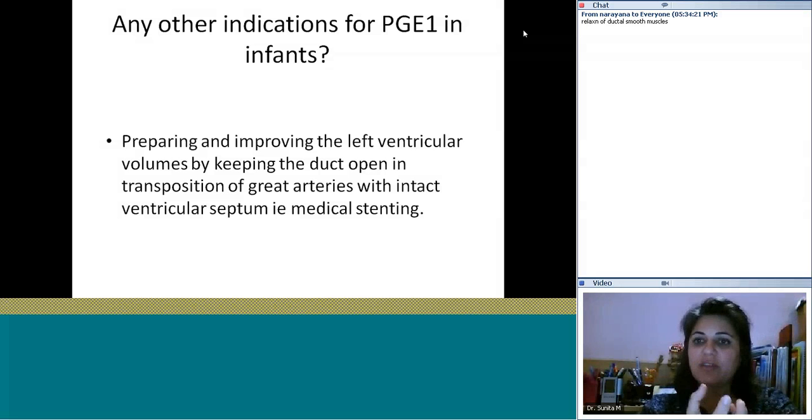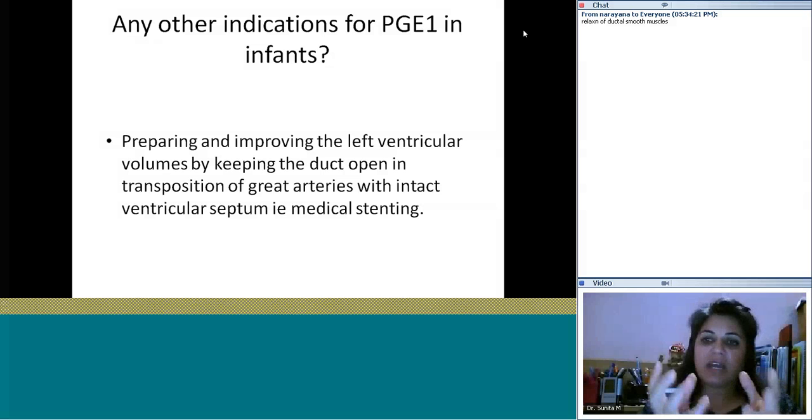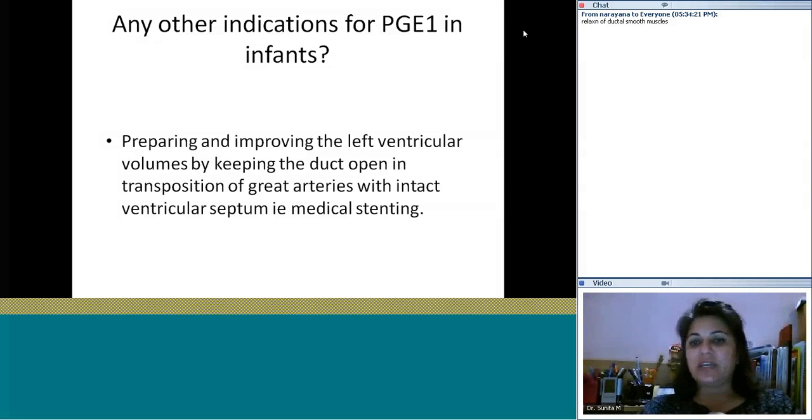One of the options to make the left ventricle become high pressure and non-regress is to keep the duct open. So you give prostaglandin, open up the duct. When the duct is large, what happens? The pulmonary artery pressure becomes high and the LV becomes prepared. So this is one method that is used for preparation of the left ventricle in TGA. So one option is you can do stenting of the duct and medical stenting.